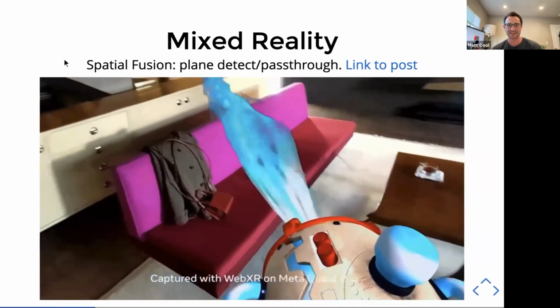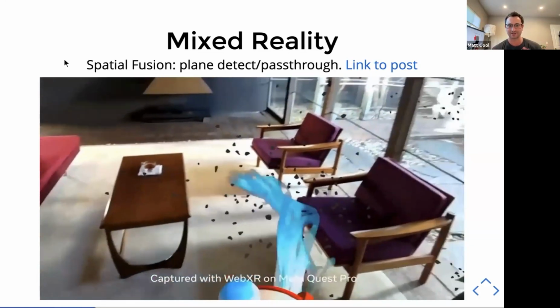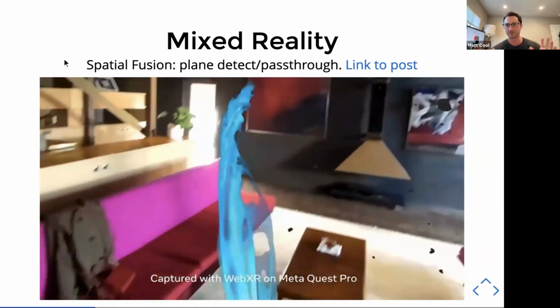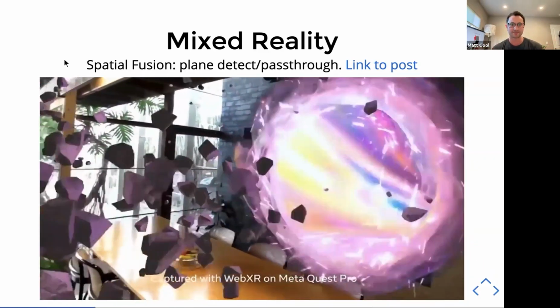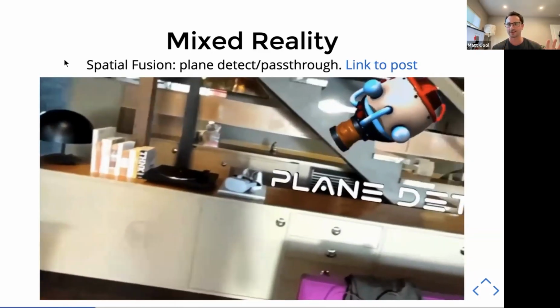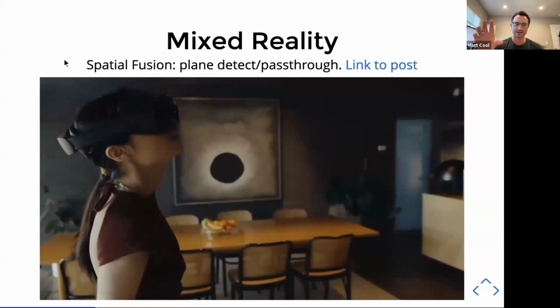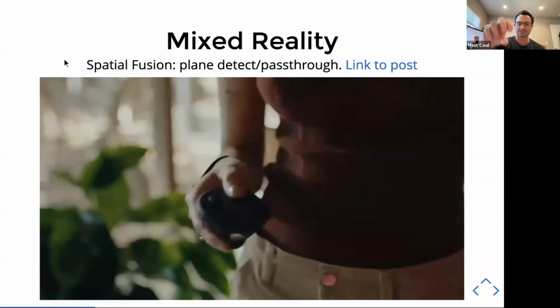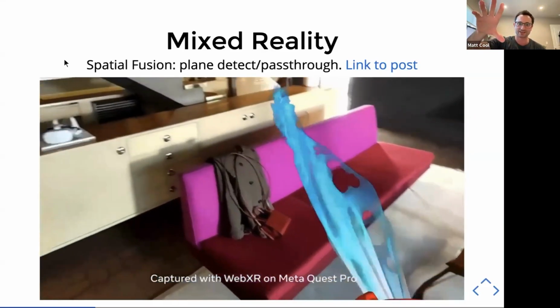So here's the last term that we use under the umbrella of XR: mixed reality. It's similar to AR, but now you're seeing things like, see how that little object in the video bounces off the coffee table there.